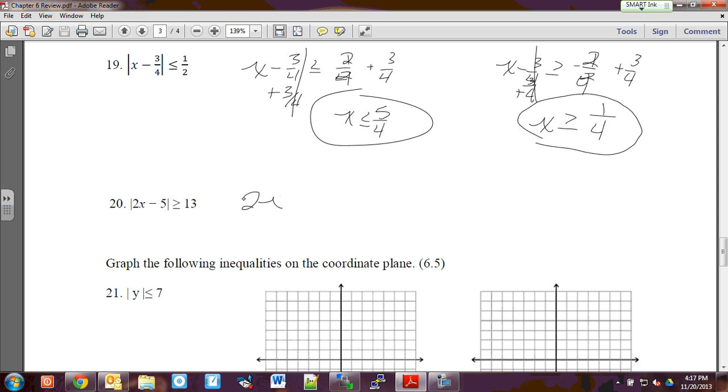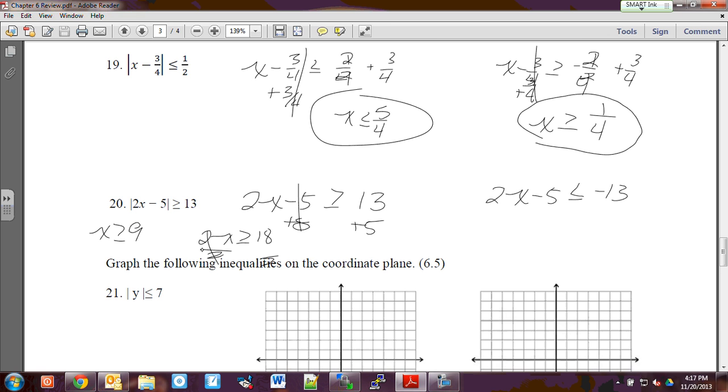Now 2x minus 5 is greater than or equal to 13. 2x minus 5 is less than or equal to negative 13. Add 5, add 5. 2x is greater than or equal to 18. So x is greater than or equal to 9, because you're going to divide by 2 on both sides. 18 divided by 2 is 9.